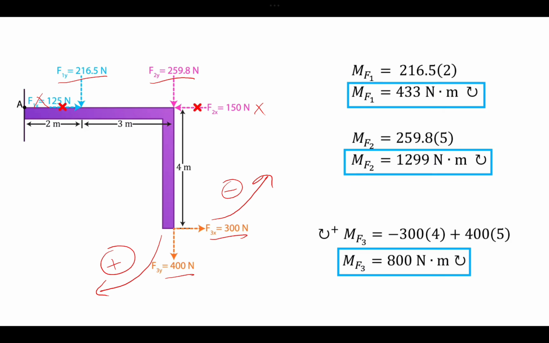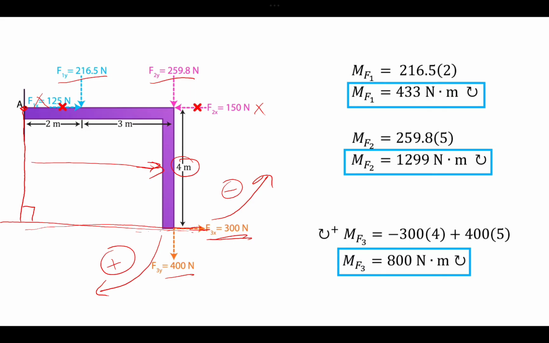Now look at the perpendicular distances. For F3x, let's see where the line of action is. This is the line of action of F3x, and we want to get the perpendicular distance from point A. Point A is here, and we have this perpendicular distance, which in this case is equal to 4 meters, as given right here.